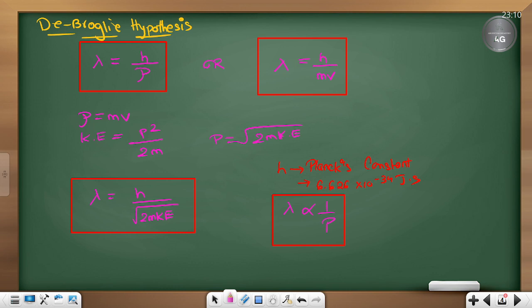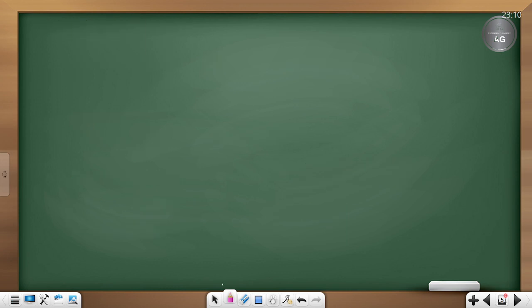Let me show you with an example. I have a ball of mass 150 gram, and let us take a velocity of 2500 centimeters per second. What will be the wavelength of the body?